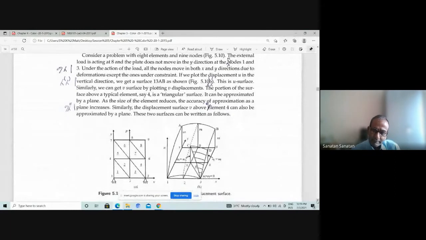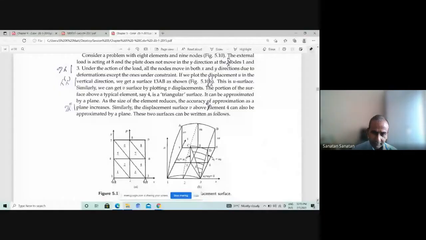Just to give you something which I kept in mind to present in the time available: in the finite element method, you take the problem of given geometry and consider it broken into an assemblage of small size elements. Finite size elements, that's why I call it finite element method.